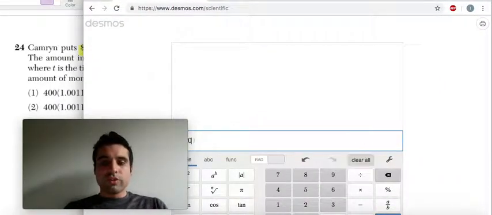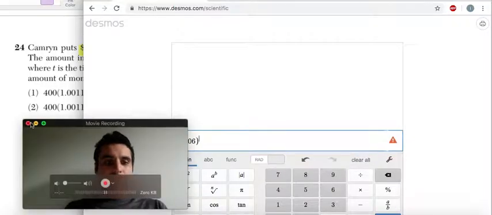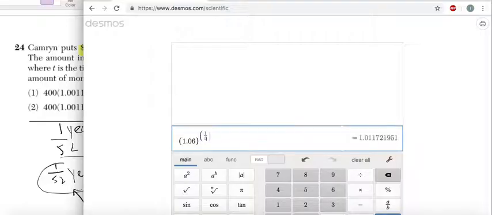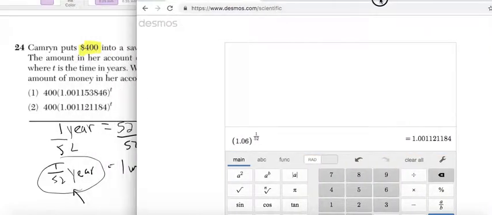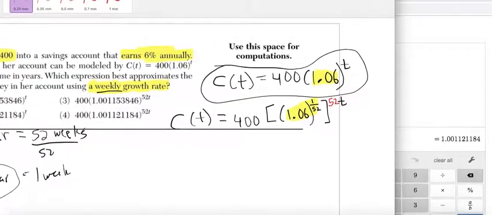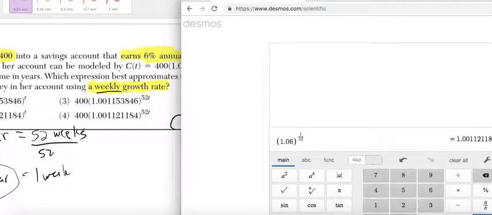So 1.06 to the 1 over 52 power. I had to put parentheses here so that they understand that I want the whole fraction as the exponent. That gives 1.0011211184. And it should be to the 52t.